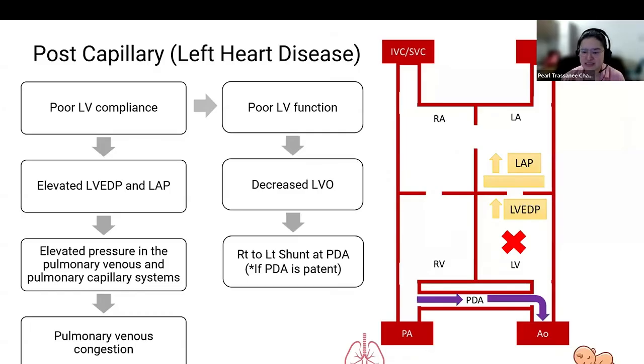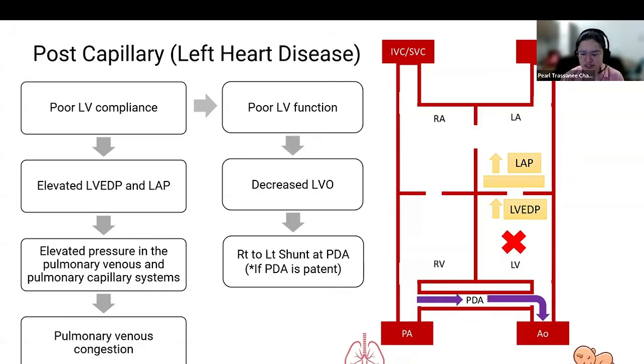Both of these situations result in elevated filling pressures within the left ventricle. As shown in this diagram, this leads to an increase in left ventricular end-diastolic pressure and left atrial pressure. Now, blood returning from the lungs has nowhere to go efficiently.